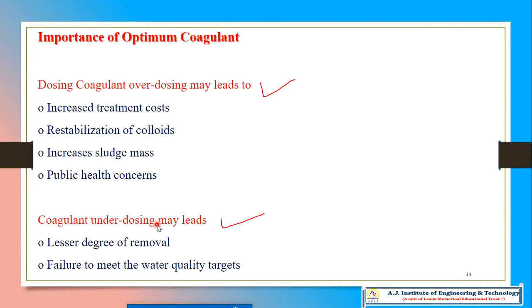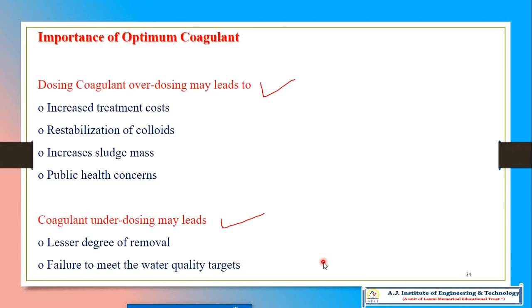For example, if 100 NTU is there in the sample and you are reducing only 90, and 10 NTU remains, what is the difference? That should not happen, means you should give the optimum dosage, not over or lower. So the removal degree is very low, and failure to meet the water quality target.